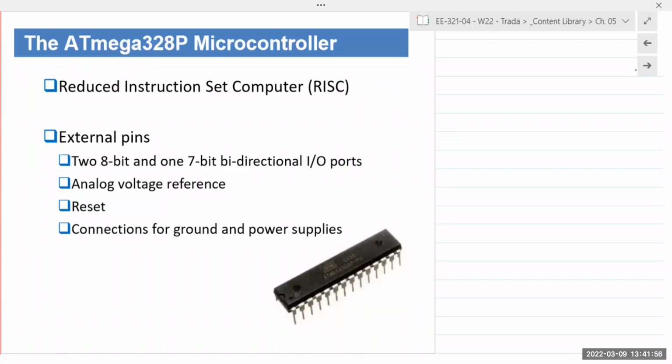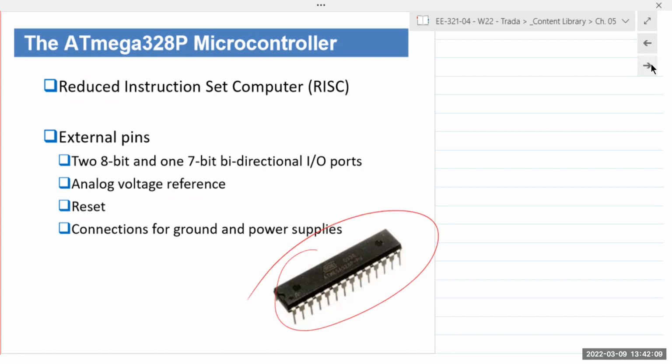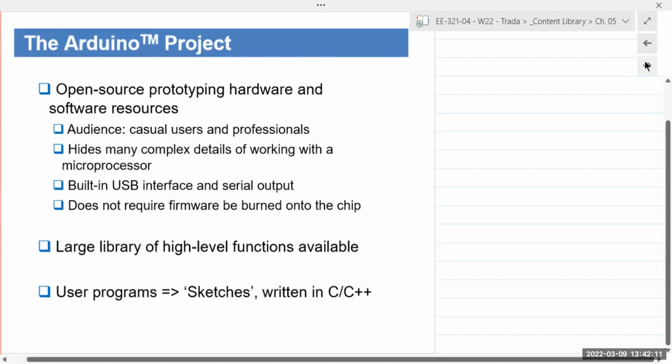But it has two 8-bit bidirectional IO ports. There's an analog voltage reference, reset pins, connections of ground, digital output pins, plus 5 volts and plus 3.3 volts, all in this chip.